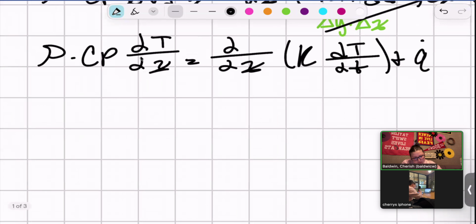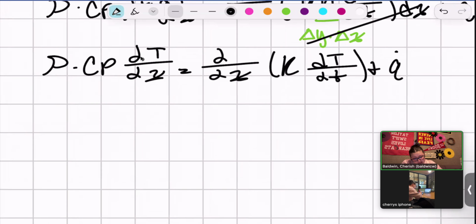All right. And now we can assume k is constant, so we can use the heat diffusivity equation.